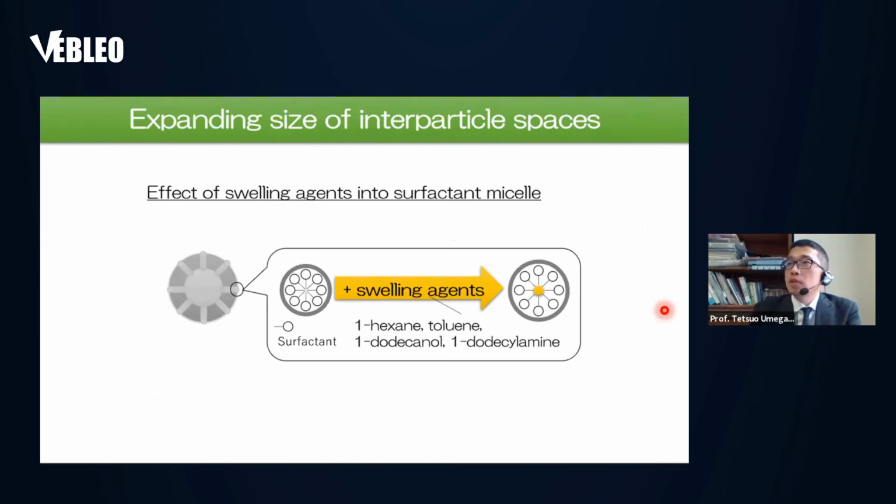This approach is based on the method to expand micelle size by swelling oil droplets like these compounds into the micelles, so that large interparticle spaces can be obtained after removing the surfactants, the micelles, and the swelling oil droplets.